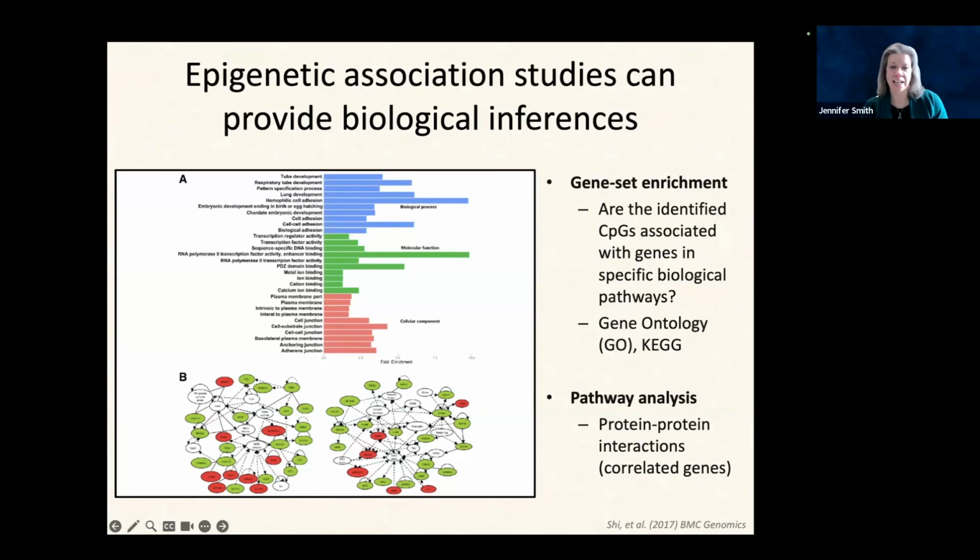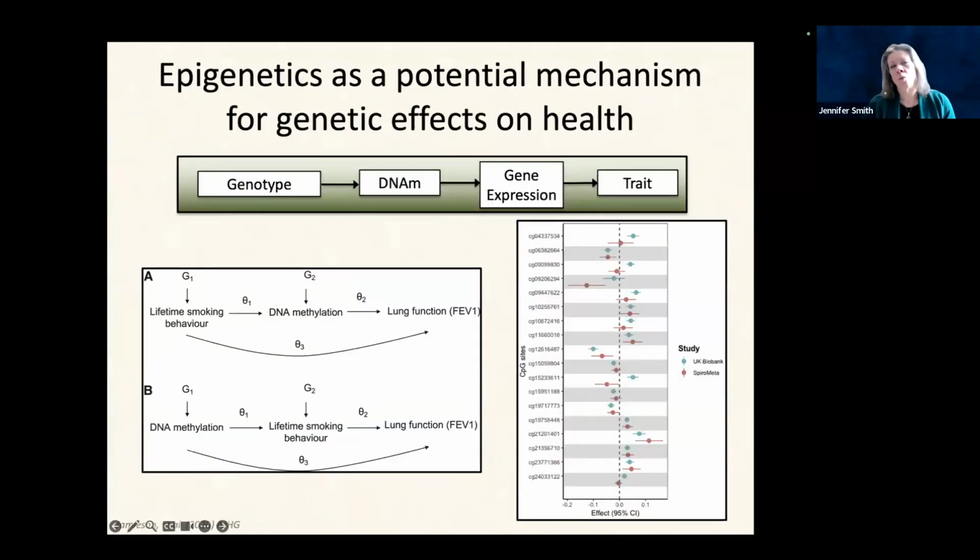So we can use the Gene Ontology and the Kyoto Encyclopedia pathways to see if there are underlying biological similarities to these genes and if they're part of some underlying biological process that can help us understand disease better. We can use epigenetics as a potential mechanism for these genetic effects on health.